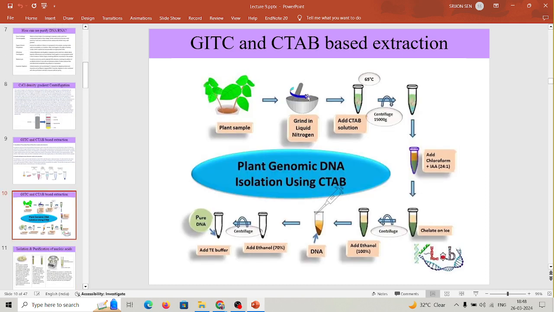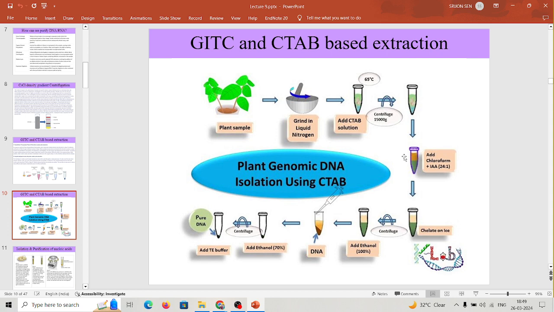If you look at this method, this is separation of plant DNA using CTAB. This is the plant sample. It is first ground. Always remember, if this is taken from a natural source, the first thing is grinding. Then CTAB is added, at 65 degrees centigrade, and it is centrifuged, and you can see two different layers are present.